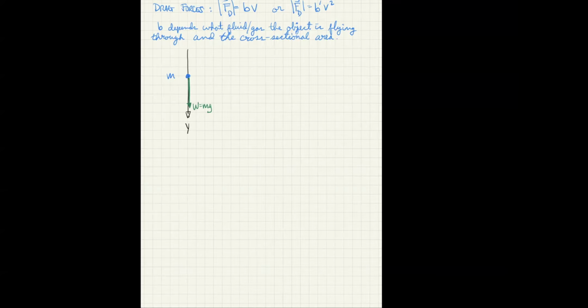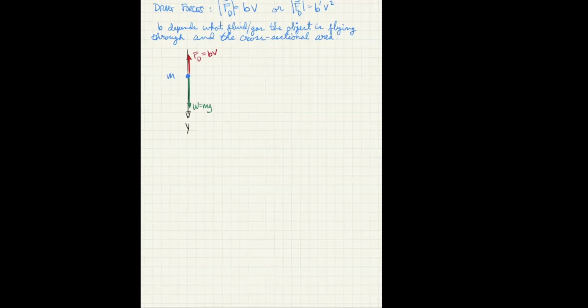So I'm going to add another force, and in this case, F drag is equal to B times V. Okay, and you can see by the way I've drawn my coordinate system that we're going to treat the direction of the weight as the positive direction, and the direction of the drag force as a negative direction.